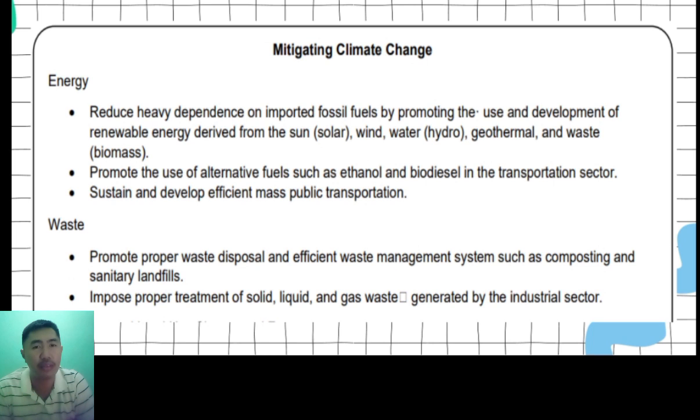So that's a very bad effect on our environment. But at least now there are preventions being done, such as using eco bags and paper bags to lessen the use of cellophane, cans, and all.